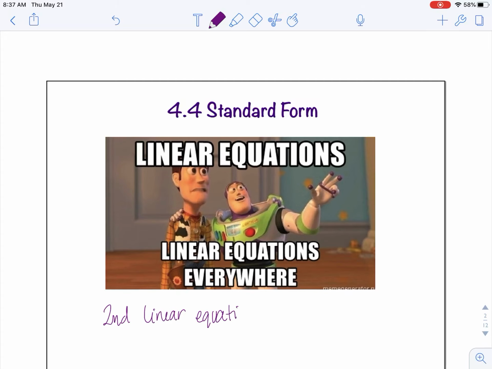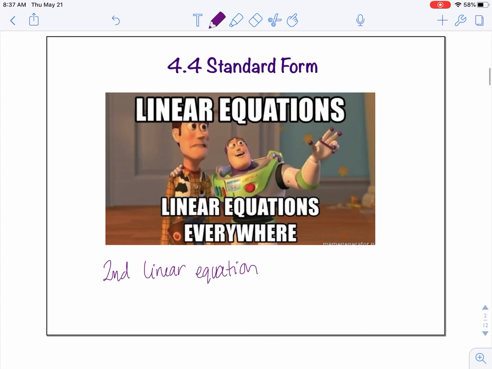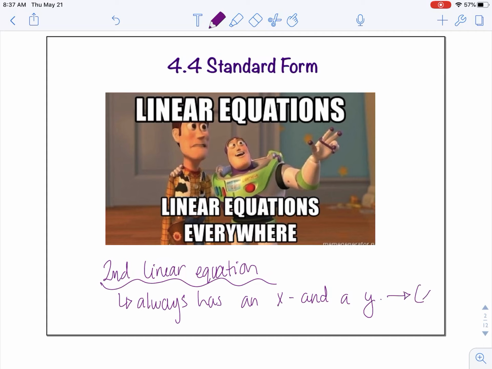Now remember, a linear equation always has an x and a y. Okay, there's always an x and a y. That represents our point x comma y. So that is still true between standard form and slope-intercept form.